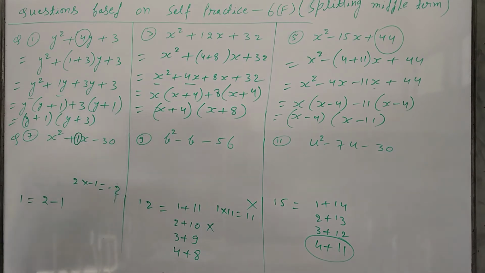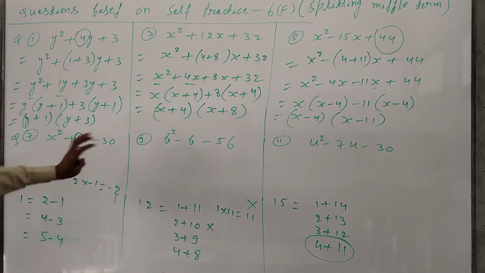But what should we write in place of 1? We can write here 4 minus 3 also, it will come 1 only, but multiplication 4 into minus 3 is minus 12, but we want minus 30. So we can write here 5 minus 4 also, but 5 into 4 is 20, but we want minus 30.